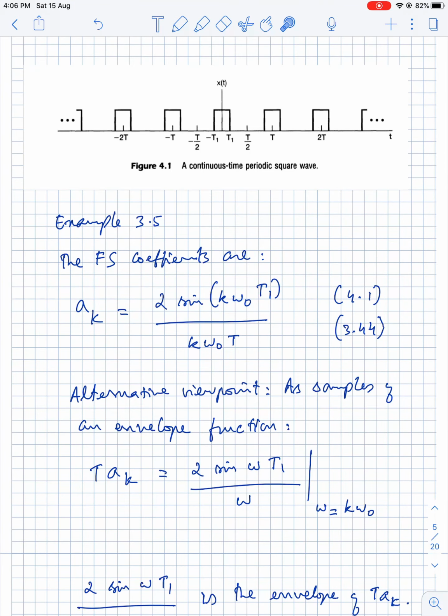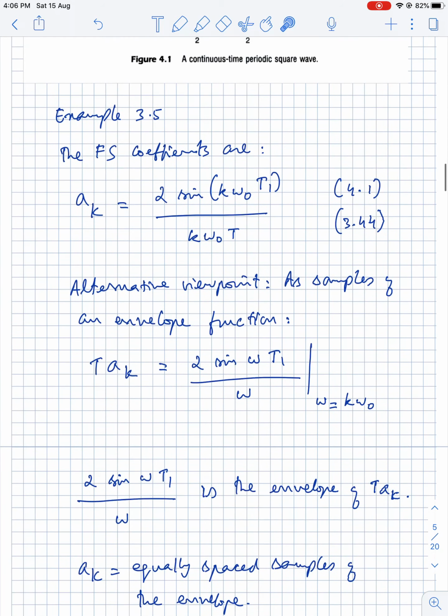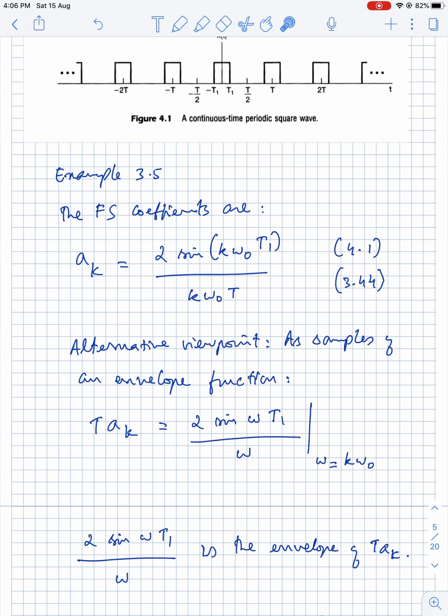Now if you remember this function again, what I can do is bring the T here. So I get T a_k, and then this becomes 2 sin(omega T1) by omega, evaluated at k omega naught for various values of k.